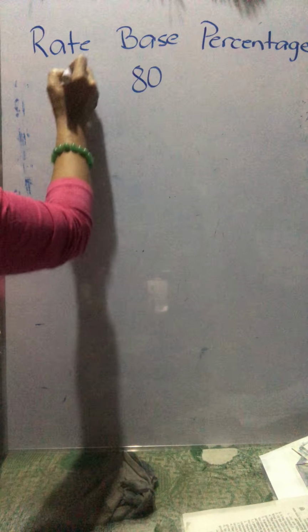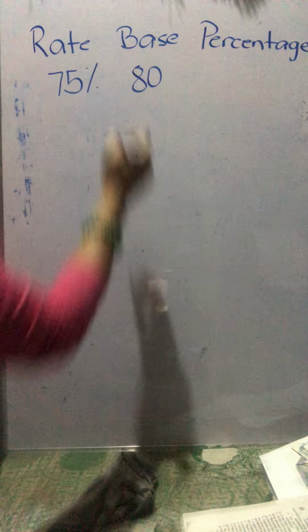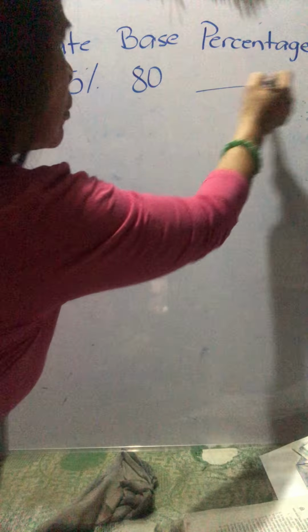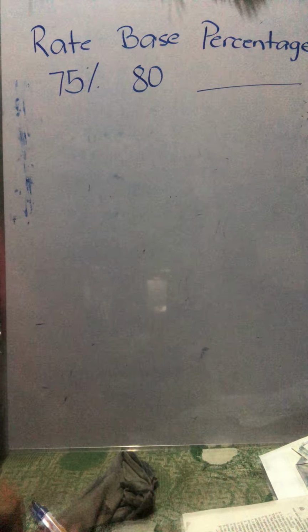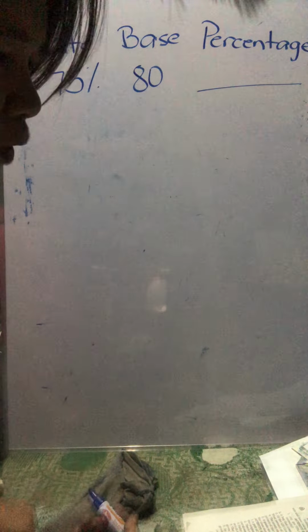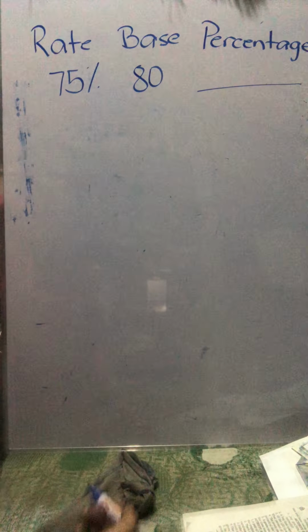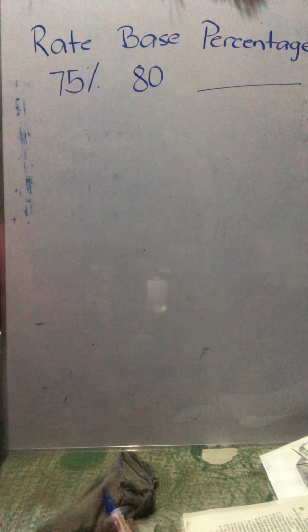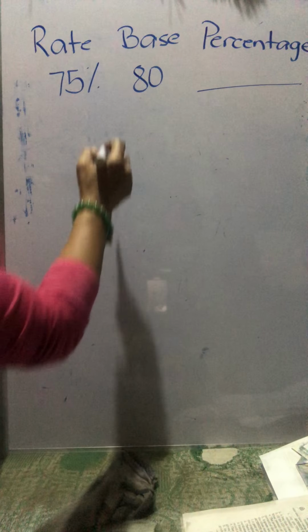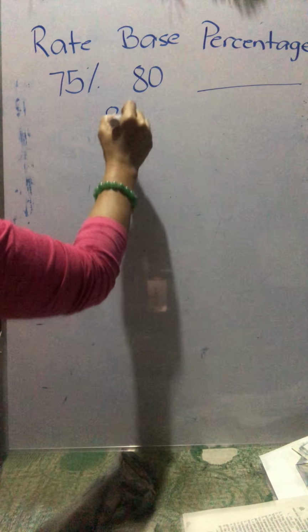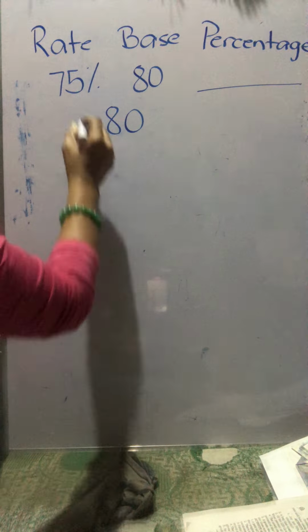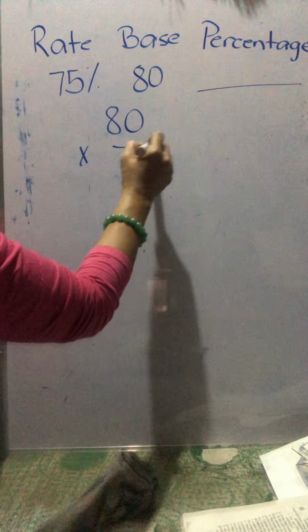Ang rate niya is 75%. So, ano ngayon yung inyong percentage? Okay? This is for the week 3, day 1 to 4. Okay, so 75% of 80. So, what are you going to do? 80 times itong 75% natin.